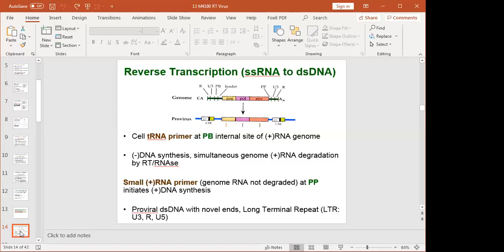Since it is within the genome, we call it an internal site. So the primer binds, and then the enzyme reverse transcriptase uses RNA and makes a negative DNA strand. Once it makes the negative DNA strand, at the same time, the remaining positive RNA strand will get degraded.